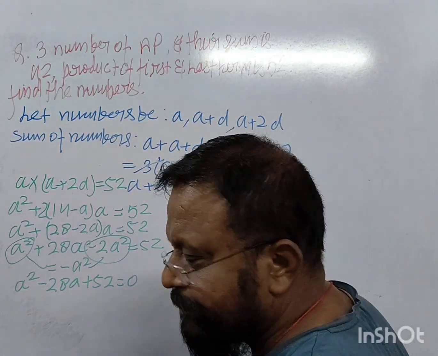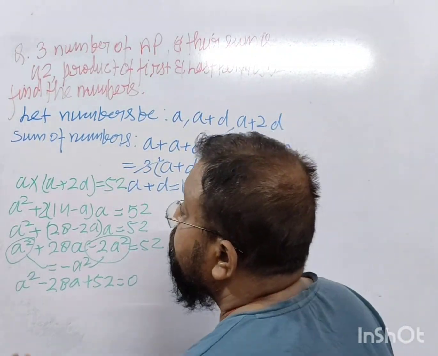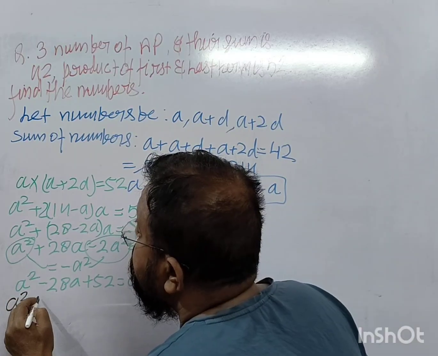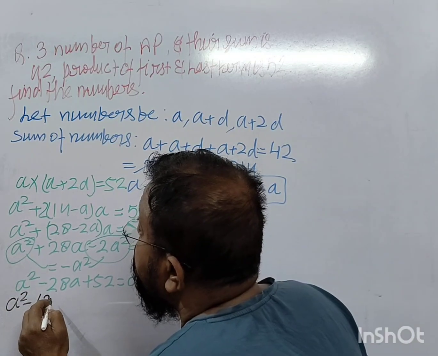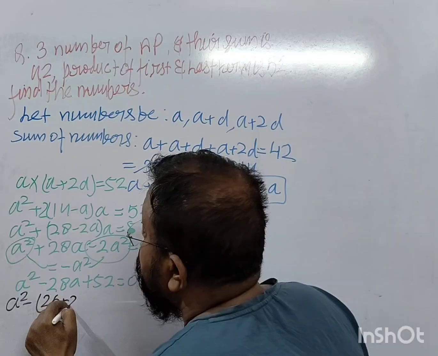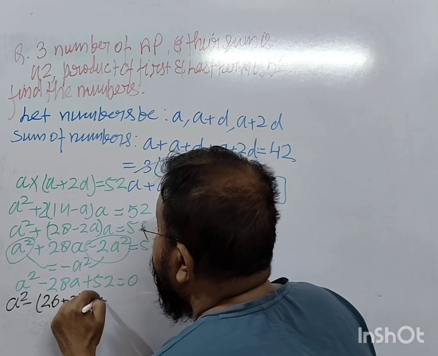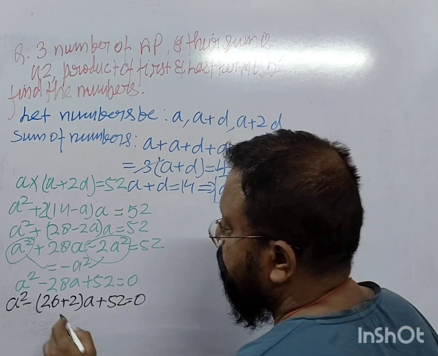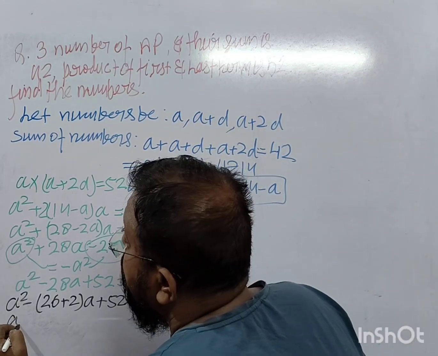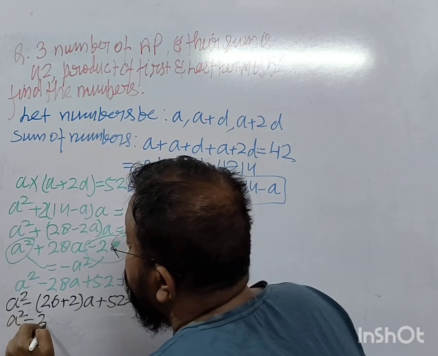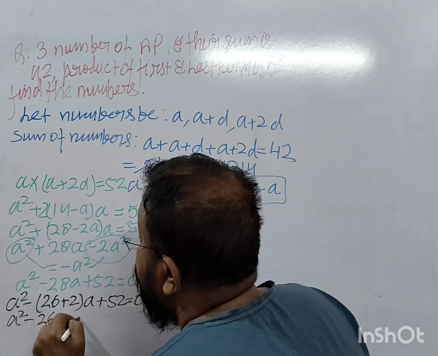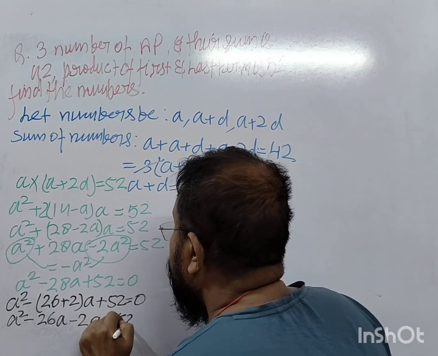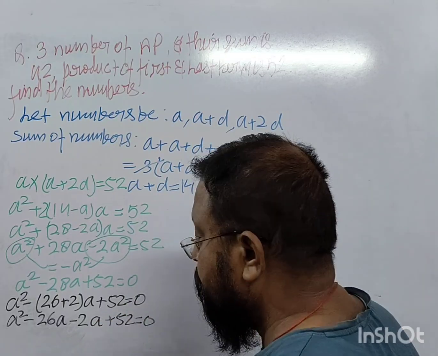Now what you will do, you can write a square minus 26a minus 2a plus 52 is equal to 0. Okay?